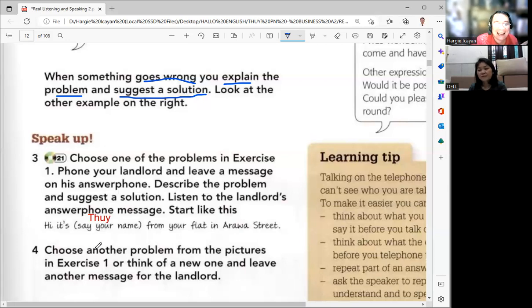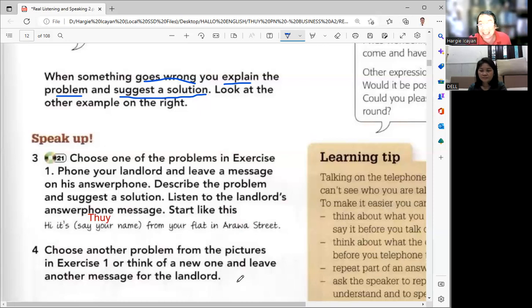The answer phone message is not very common, but still in your smartphone, you can also record, because sometimes it takes a lot of time to type. So instead of typing, you just record your voice and send that to the person. And then there you are, right?